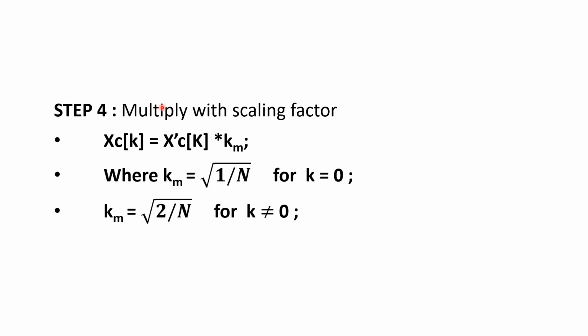In the final step, we multiply the result obtained in step 3 with the scaling factor Km. Km is equal to square root of 1/N for k equal to 0 and Km is equal to square root of 2/N for k not equal to 0. After this, we will get the required DCT.